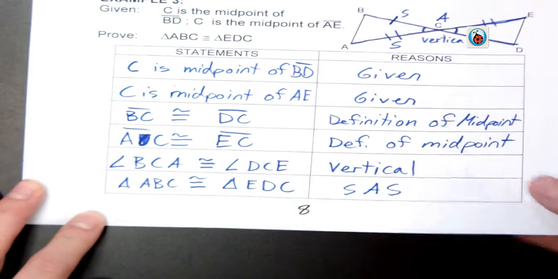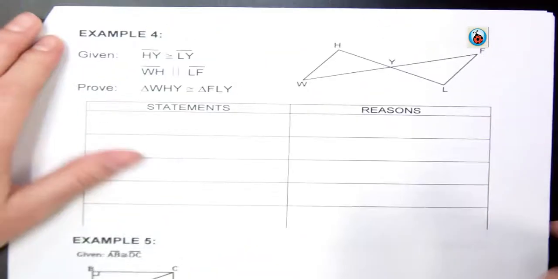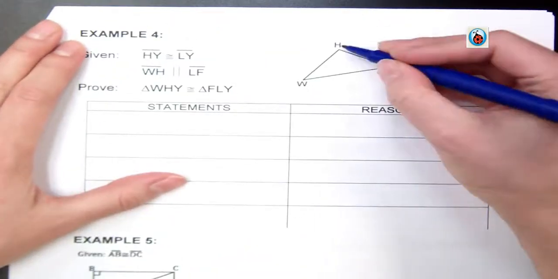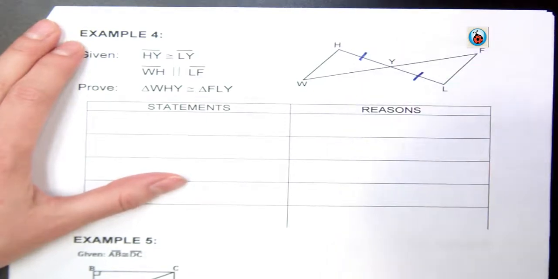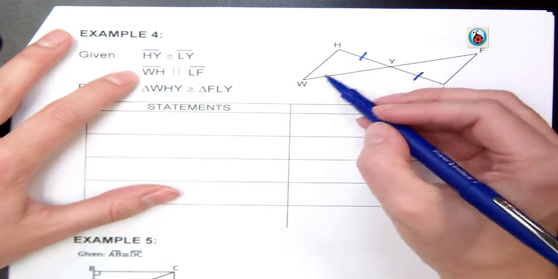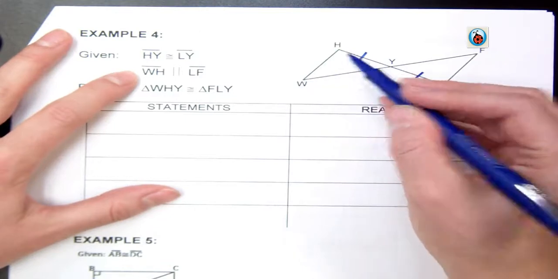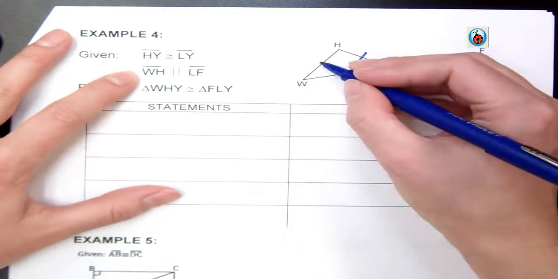Okay, go ahead and flip over to page 9. So on 9, it starts out with a nice congruent statement. HY is congruent to LY. That's our given. And then it tells me WH is parallel to LF.